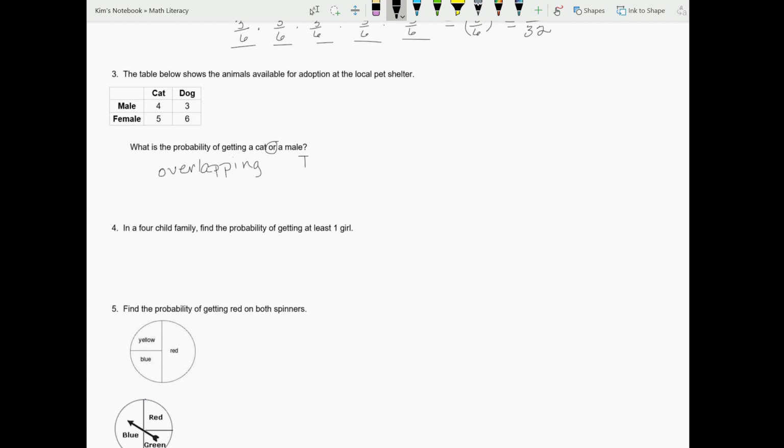I'm going to have to find the probability of getting a cat, the probability that it's a male, no matter what type of animal it is, and then I have to subtract off the male cats, subtract off that overlap. Probability of getting a cat. First of all, I need to know how many animals there are altogether. There's 18 animals altogether.